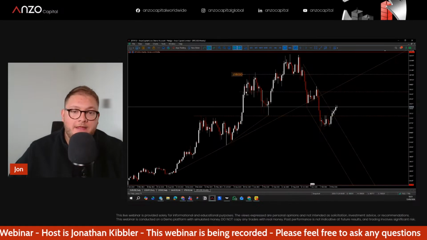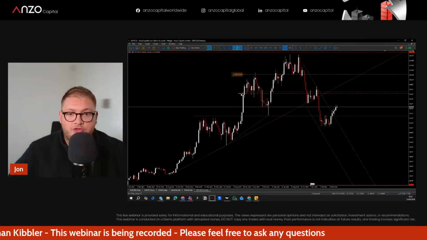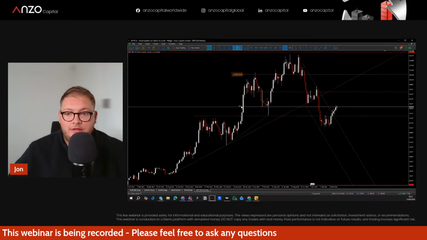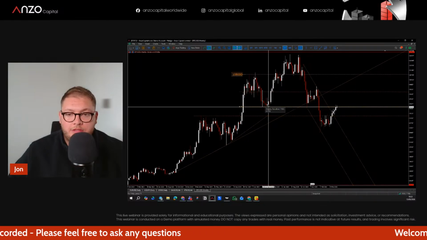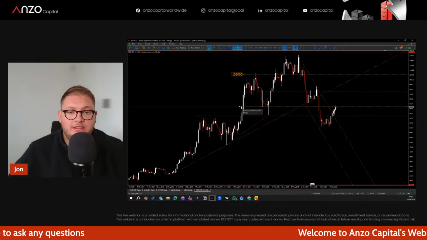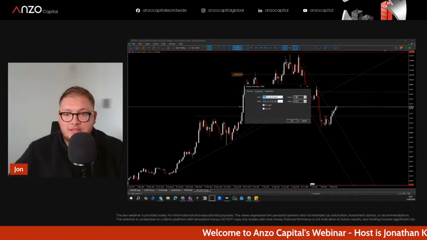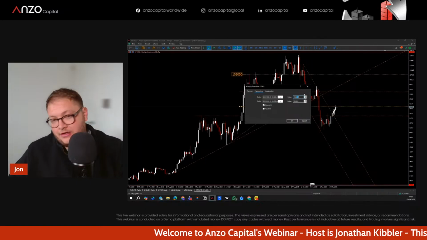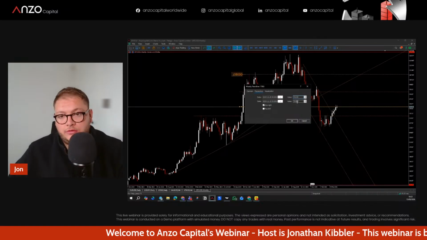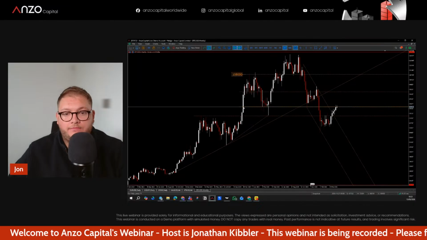So again, I'm just going to double click, go into the middle box there, hit control, drag that down to that area. You've got all these multiple touches through here, this support touch in here, and now price is trading around that particular level. So I might edit it down a little bit to 250, click OK.